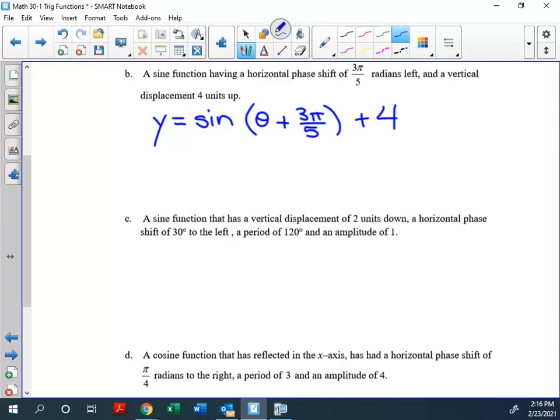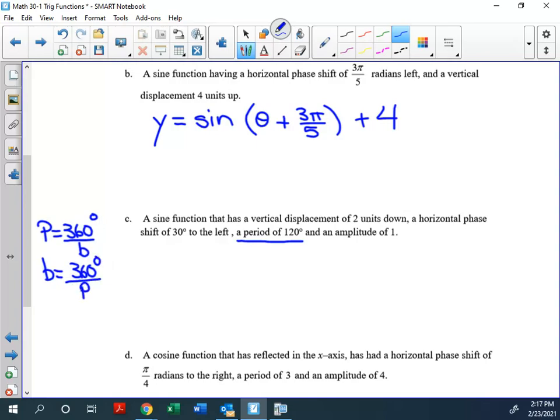So I said there was no trick, but there was one little extra step you had to do there, wasn't it? I didn't give you the B value. I gave you the period. So you guys know the period is equal to 360 degrees divided by B. So my B value is found by taking 360 degrees and dividing it by the period.